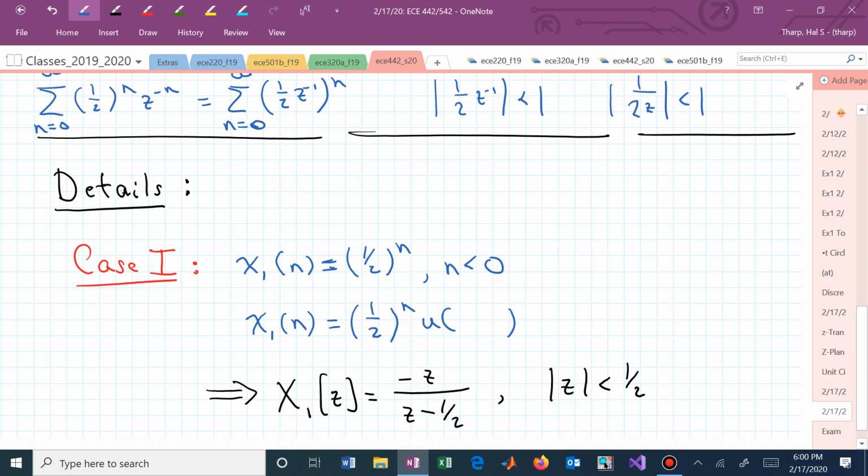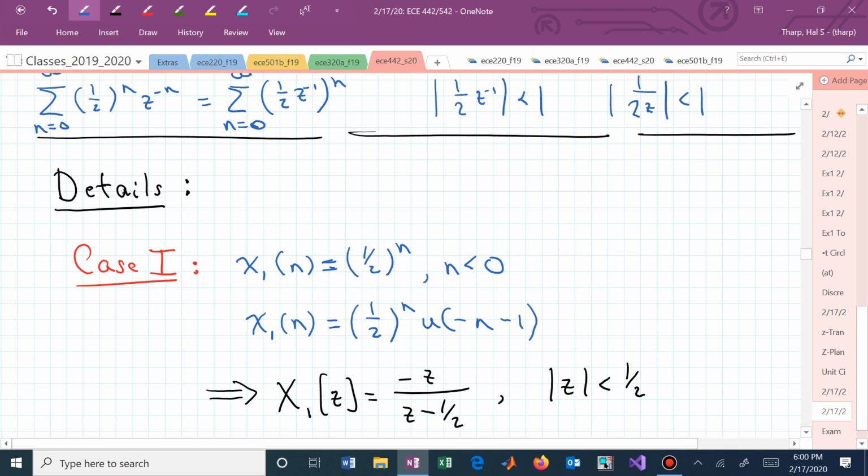I want that switch to be on as long as little n is negative. So I want it to be strictly less than 0. I don't want to just put minus n, because then it would turn on at 0, correct? I need this to be minus n minus 1.